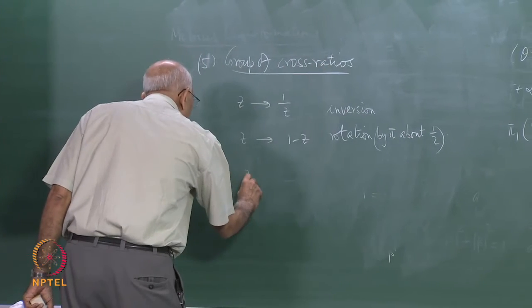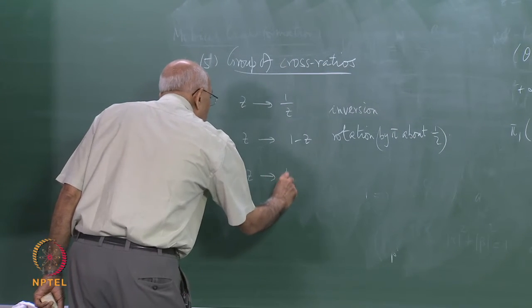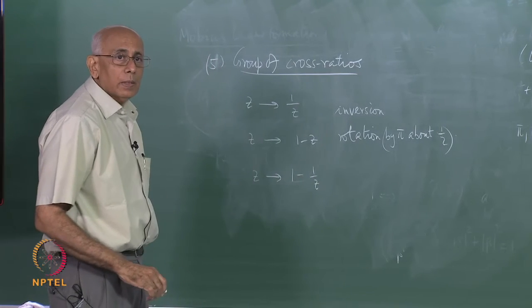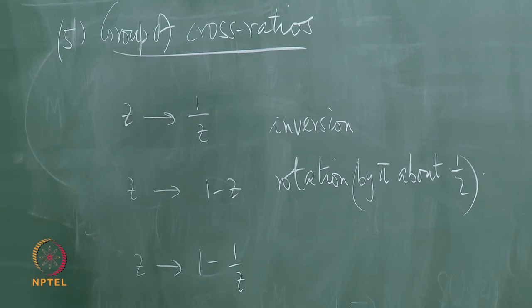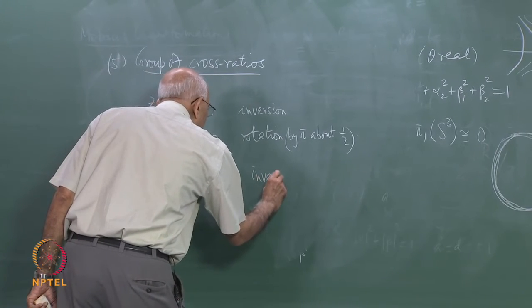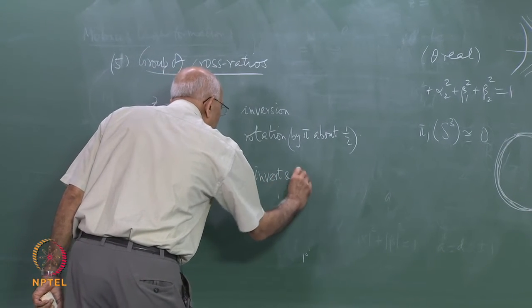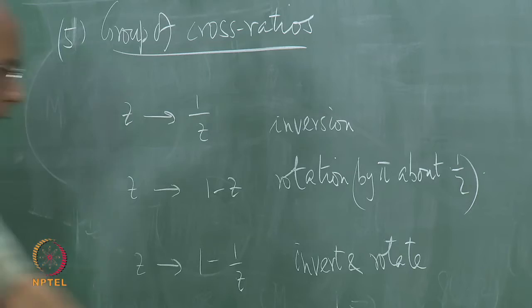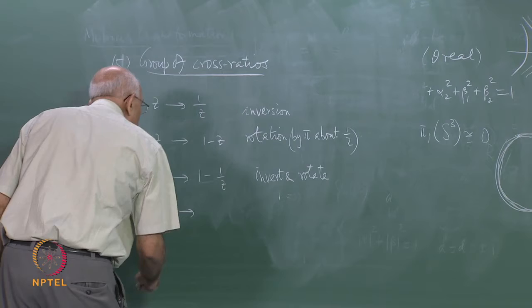Well, you combine these and you can have z goes to 1 minus 1 over z. Right. So you first invert and then you rotate. You could do the other thing. So you could rotate and invert.